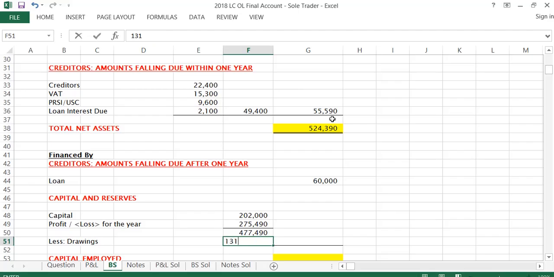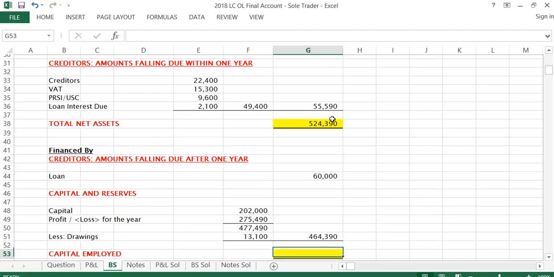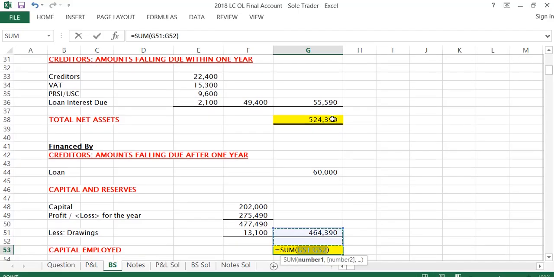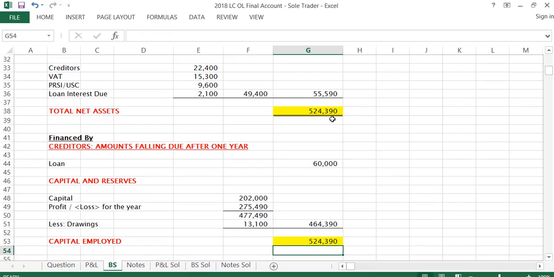I'll just put it in as 13,100 and take it away. So that comes to 464,390. And if I add that to my creditors' amounts due after 1 year above, I get 524,390 for my capital employed. And as you can see, now my balance sheet is balanced.